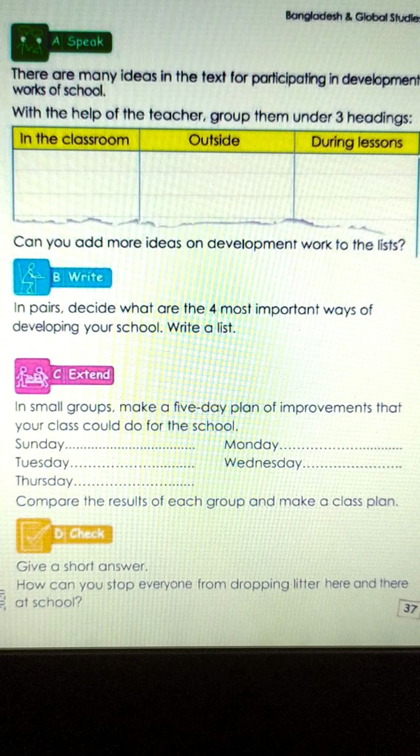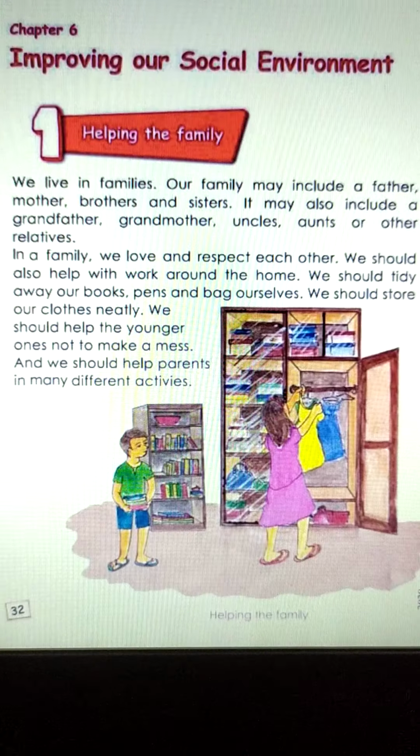Now I'm gonna give you some homeworks. For that, I'm gonna give you some spellings. For that, first go to page number 32. I'm gonna tell you all the spellings and you're gonna underline the spellings in your book.